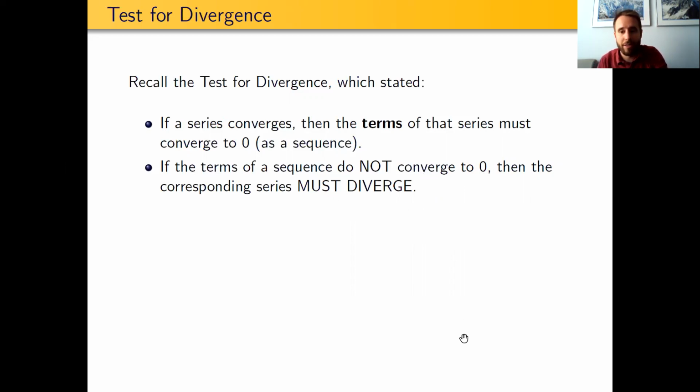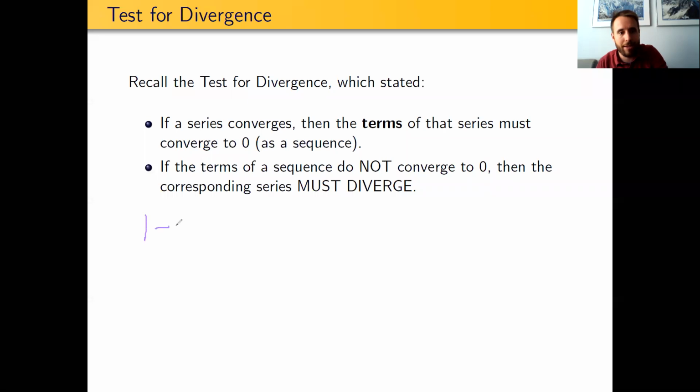And so for example, this meant that if we had a series of the form 1, minus 1, plus 1, minus 1, plus 1, and so on, just alternating plus and minus 1, that series definitely diverges by the test for divergence, right?